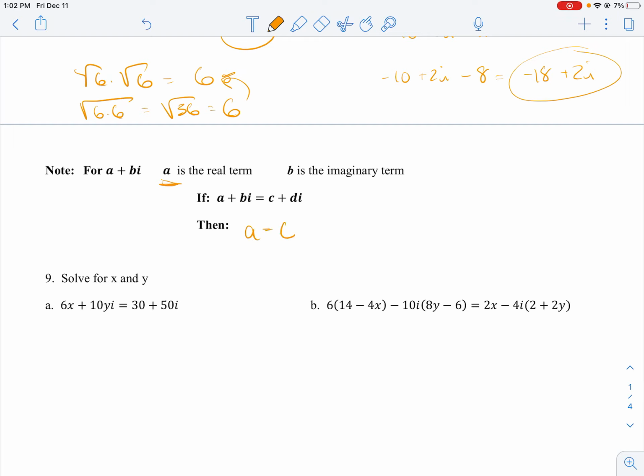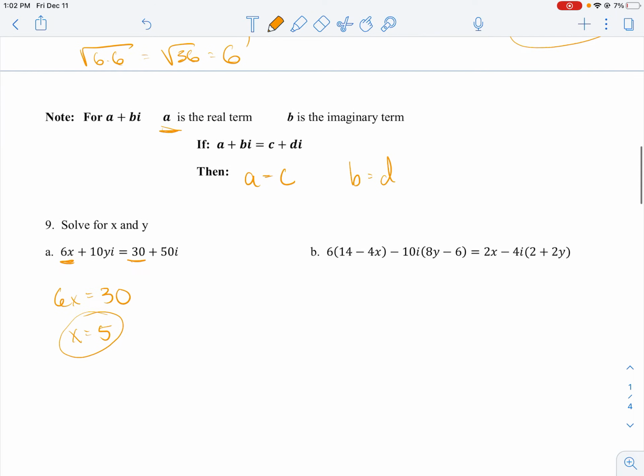So we'll go a is equal to c, and b, or bi, is equal to d. What do I mean by that? Well, let's take a look at the first piece. Here's our real part of our problem. So 6x is equal to 30, which means x is equal to 5.